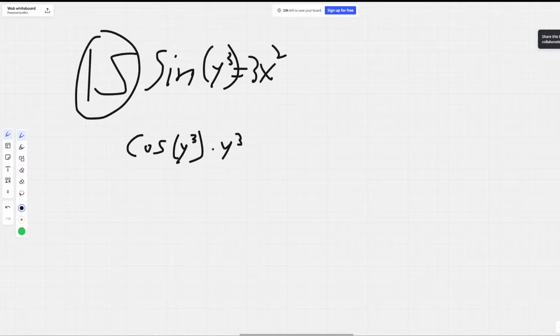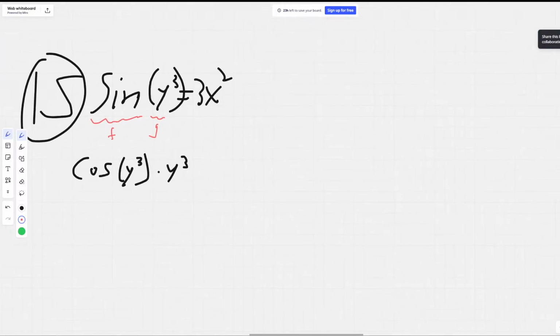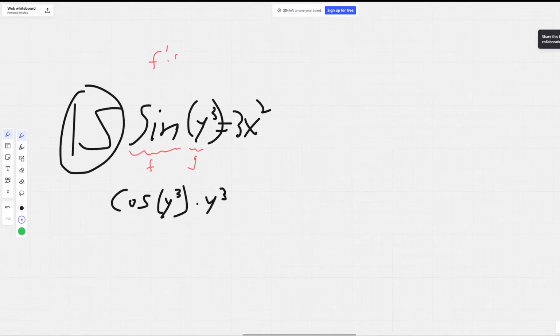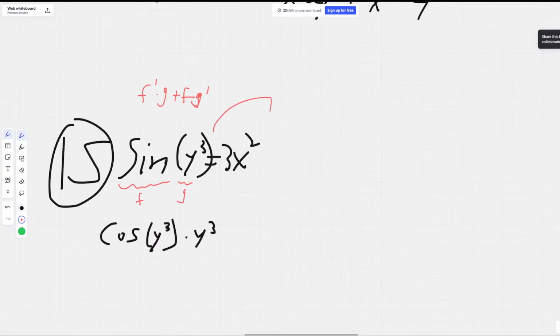But it's f prime times g plus f times g prime, which you think would then equal into that, yes.